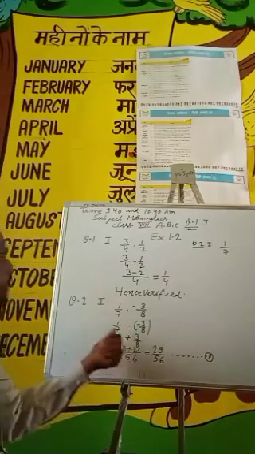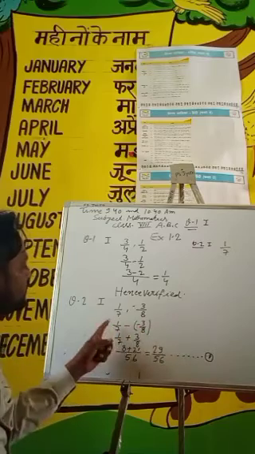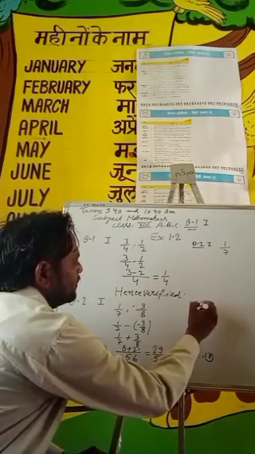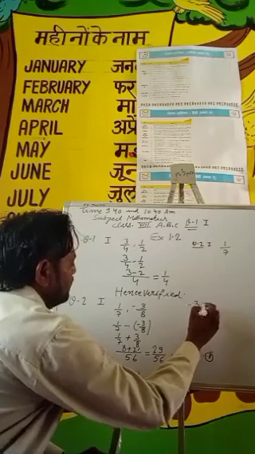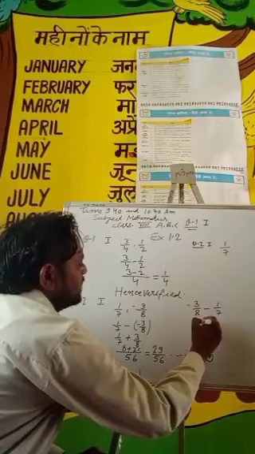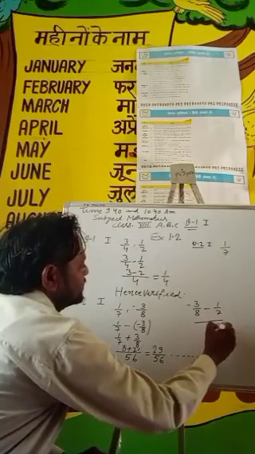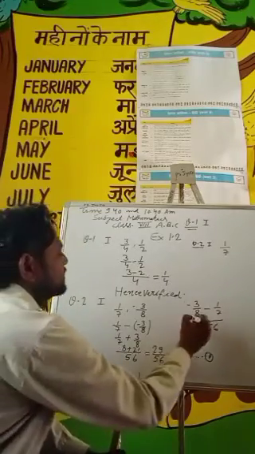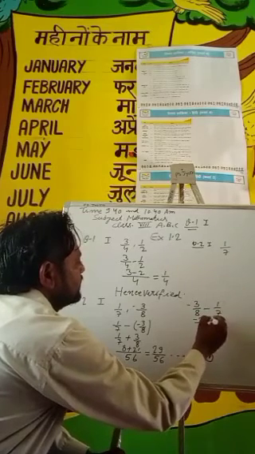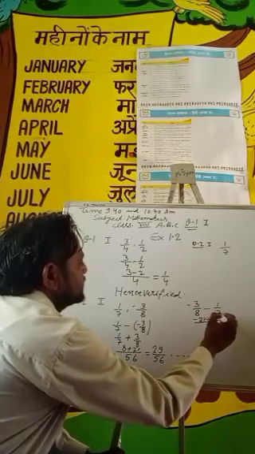Now, order will be changed. Minus 3 upon 8 minus 1 upon 7. The LCM is 56. 8 7s are 56, 7 3s are 21, minus 21; 7 8s are 56, minus 8.